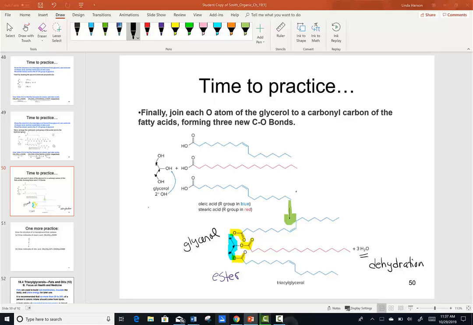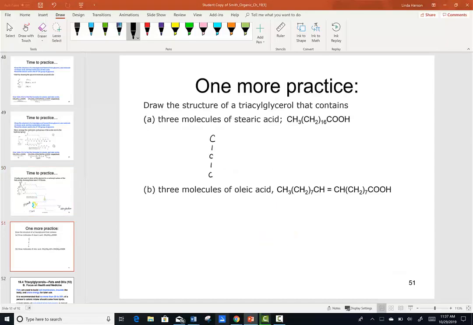The ester conformation is going to take the H and the OH to make a water, connecting the oxygen to the carbonyl group of the acid. The oxygen from the glycerol remains.